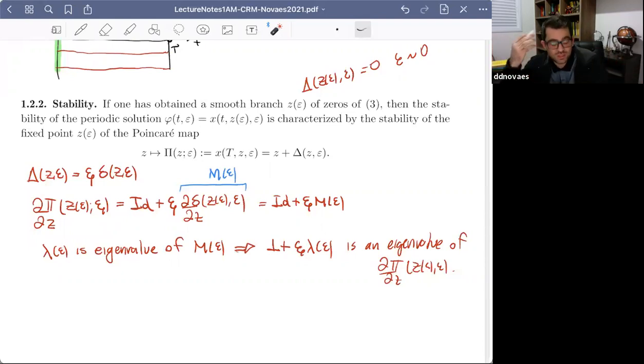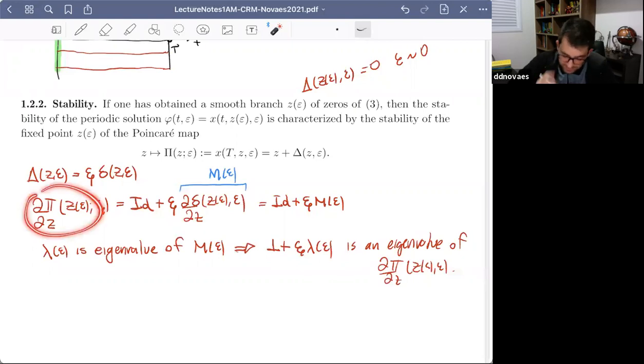Then we can characterize the stability of this fixed point by means of eigenspaces: the stable invariant space and the unstable invariant space. We can perform this decomposition. So this is the property for the eigenvalues of the Poincaré map.